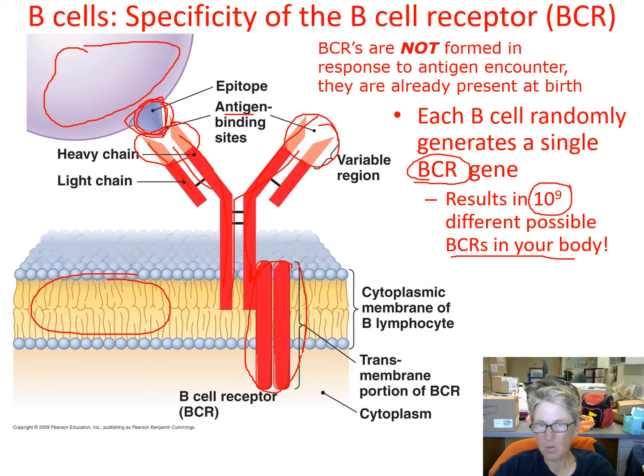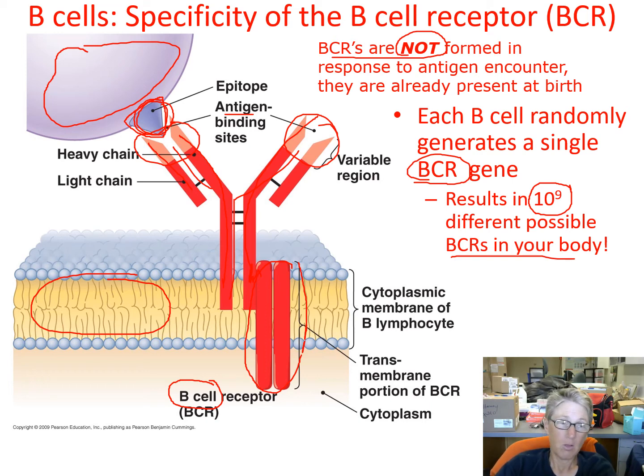The B cell receptors are not formed in response to an antigen encounter. So when this B cell encounters an antigen or epitope, say it's part of a bacteria, the B cell receptor is not generated at that point. It's already made. It's already there.